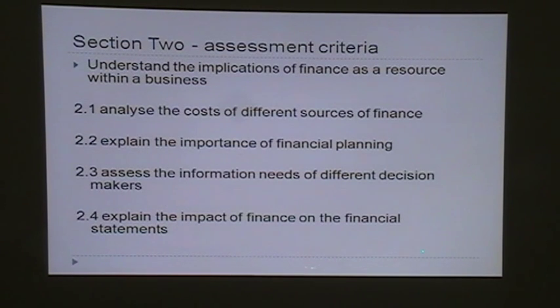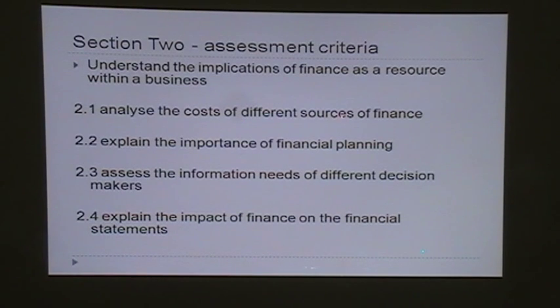The section 2 of this unit 2 is about understanding the implication of finance as a resource within a business. We have 4 main assessment criteria to contend with. 2.1.